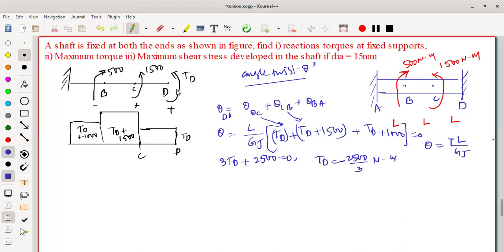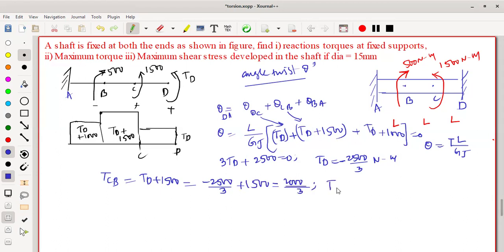This is the value of the reaction at D. If you substitute this value here, you will get the reaction at A also. Therefore the torque between CD is equal to TD plus 1500, so just add it: 2500 divided by 3 plus 1500. The value is 2000 divided by 3.